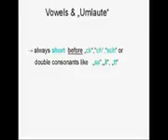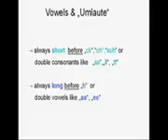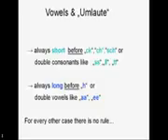And vowels and umlaute are always long before an H, or before double vowels like AA, EE, and so forth. But unfortunately, for every other case, there is no rule.